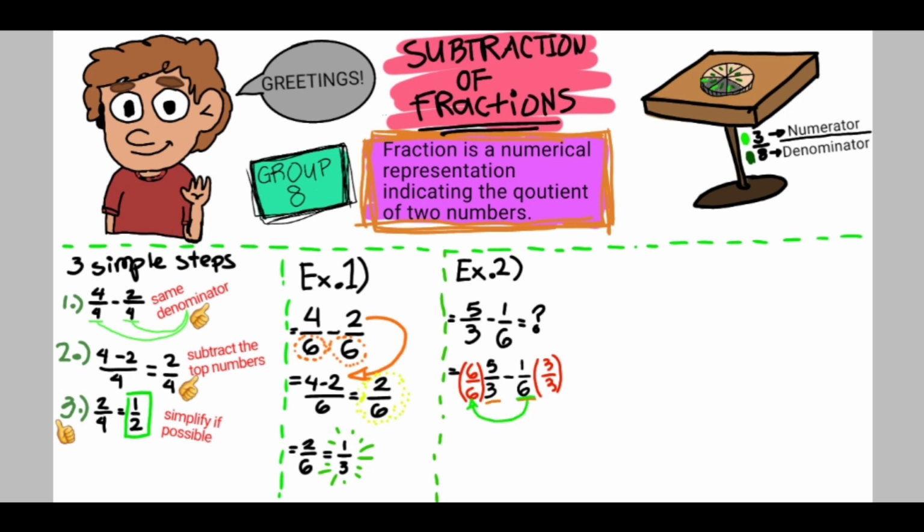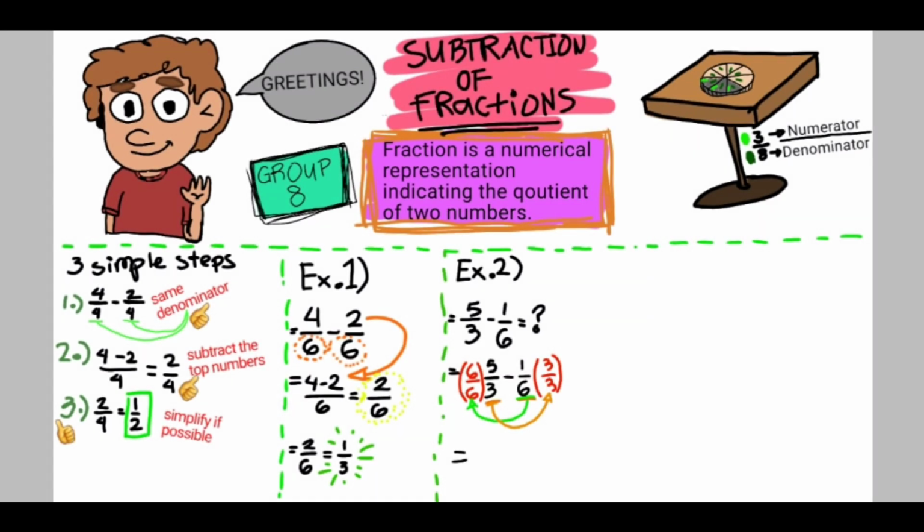So basically what will happen here is 6 times 5/3 and 3 times 1/6. In that way, both fractions now have the same denominator, which is 18. So what we'll do now is subtract the top numbers and simplify the answer if possible.